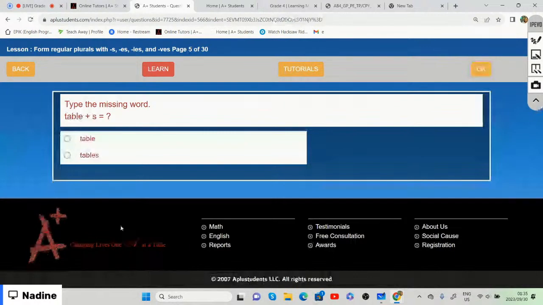Table plus s, to make the word plural, more than one. Is it table or is it tables? All right, and table plus s, we can then say it is tables.